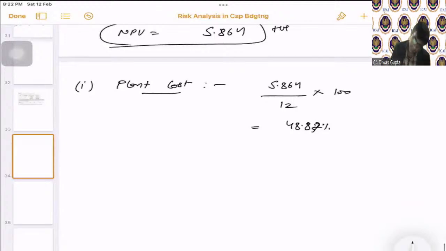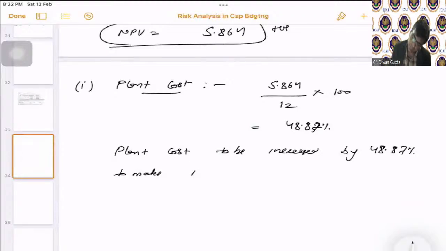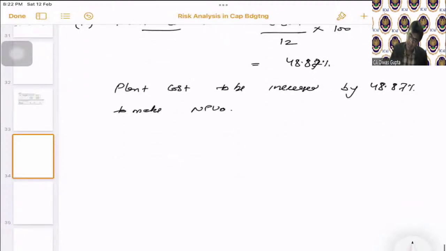We can say that plant cost is to be increased by 48.87 percentage to make NPV 0. Right, students?